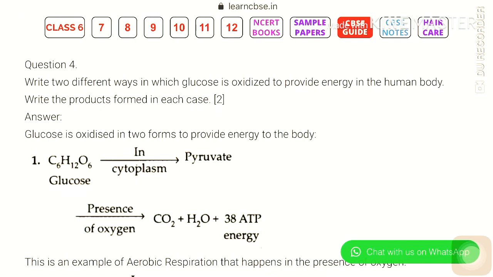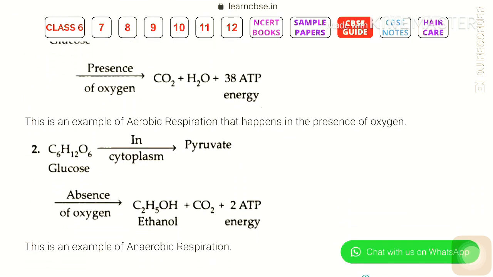It gives a byproduct called pyruvate, and that in the presence of oxygen releases carbon dioxide, water, and 38 ATP of energy. But if this reaction happens in the absence of oxygen, then it will give ethanol, C2H5OH, carbon dioxide, and 2 ATP of energy.